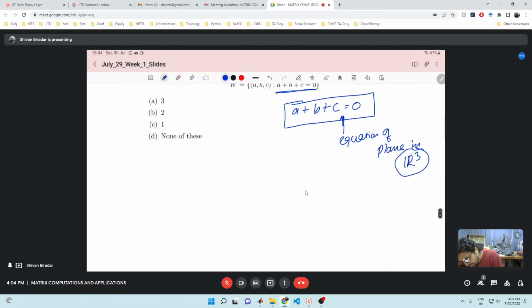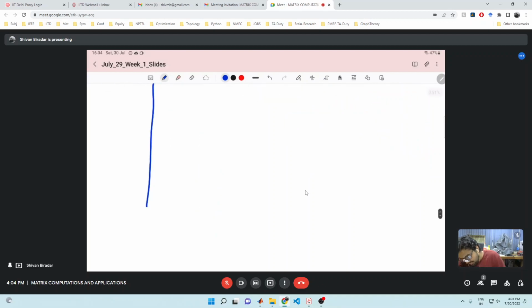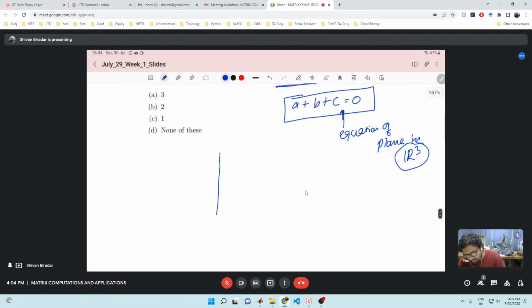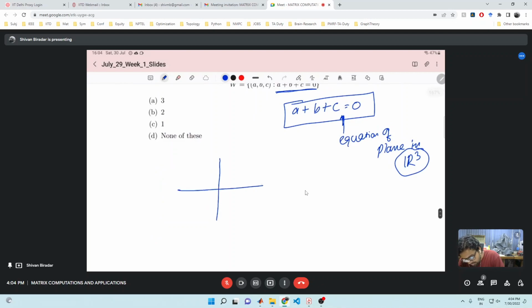And remember, there are three coordinates. This is X, Y, Z. For generating a plane in 3 dimensions, you need only 2 vectors. If you have these 2 basis vectors, then you can generate a whole plane.